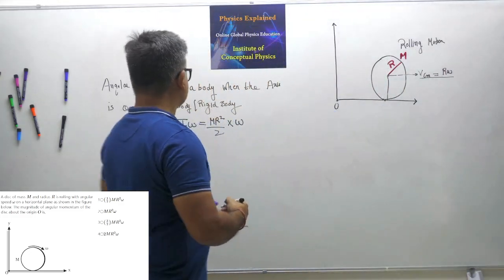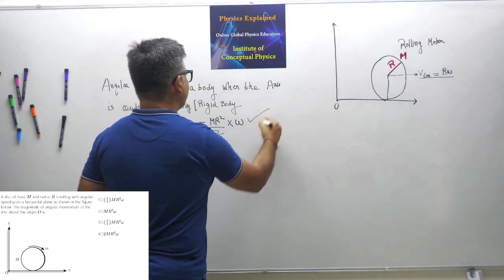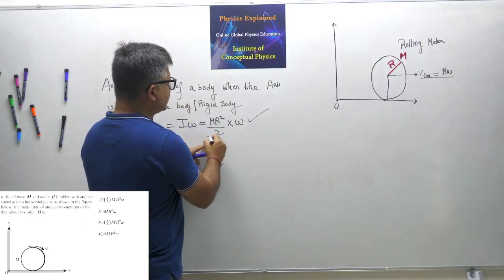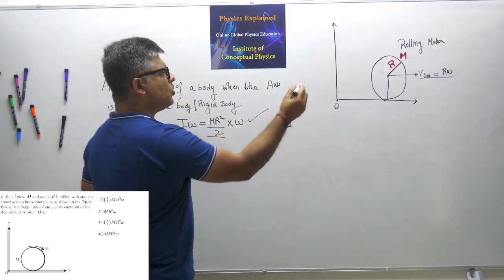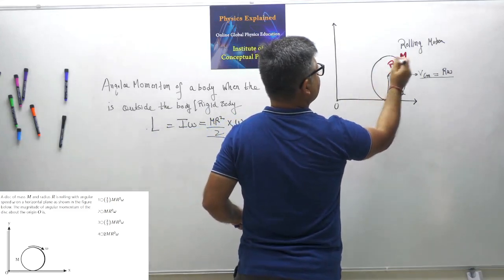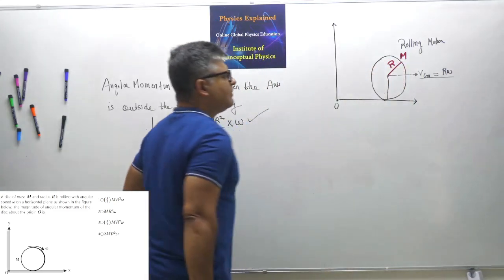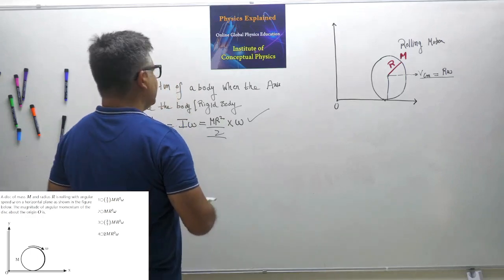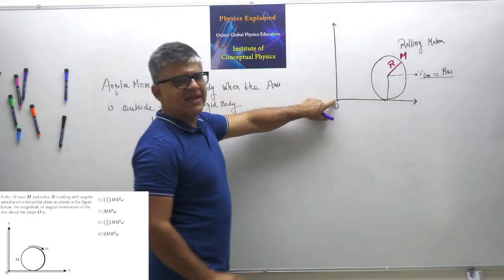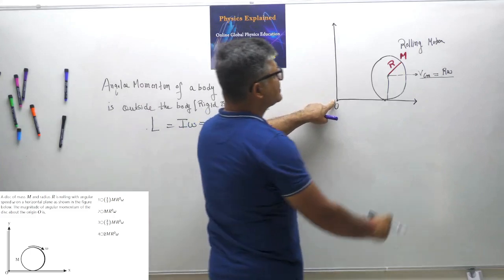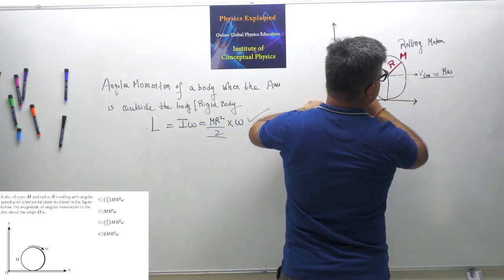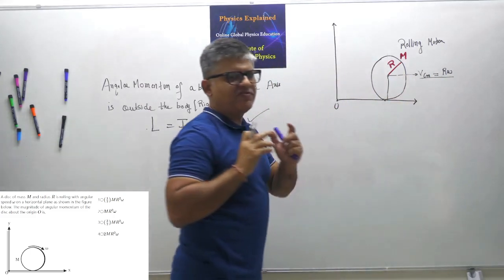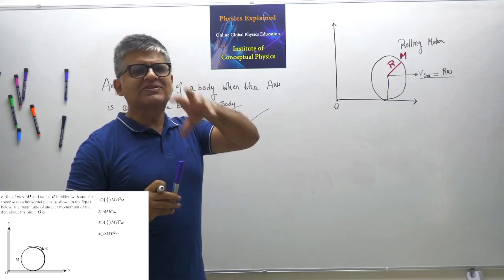This is step number 1, the moment of inertia of a disk about its own axis. But now we are concentrating on the fact that the axis is lying at O. The body is moving straight, and the center of mass is the place where the whole mass is concentrated.